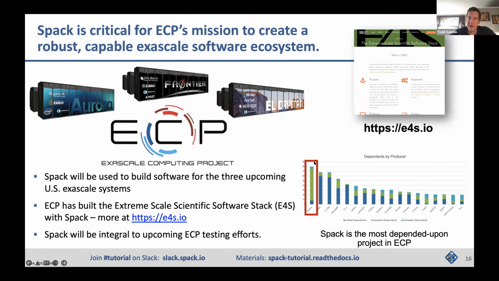If you look at the dependencies of projects, Spack has the most dependence of any project in ECP. It's not the most critical dependency because you could build any of these apps without Spack. You could just do it by hand. But for integration and for making the whole software ecosystem work together, everything is in Spack within ECP, and so it ends up being the most depended upon thing.